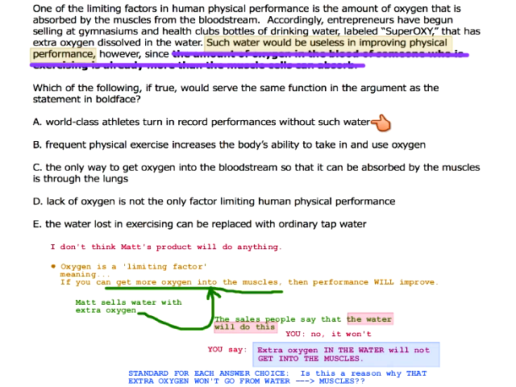This has nothing to do with that. Not a thing. Does this have anything to do with transporting oxygen from water to muscles? No, it doesn't.